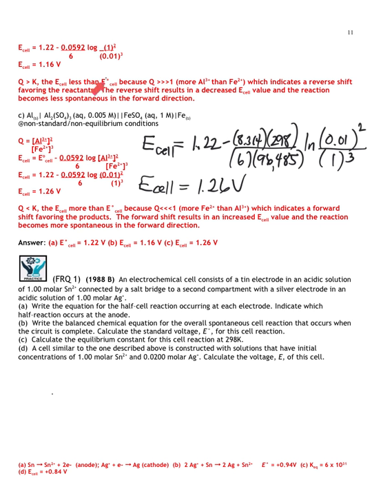The E cell is less than the E standard because Q is greater than 1, which means there's more products than reactants, indicating a reverse shift favoring the reactants. The reverse shift results in a decrease of the E non-standard cell value, and the reaction becomes less spontaneous in the forward direction. The same goes here in letter C.